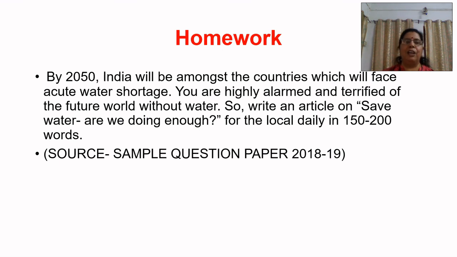So dear children, I hope you got some idea about writing an article. You understood what an article is and how to write it, and what processes you should undergo to write an article. So using those processes, here is a small task for you: try to write an article following the processes that we discussed in this class. That means first you will jot down the points in the brainstorming session, then you will draw an outline.